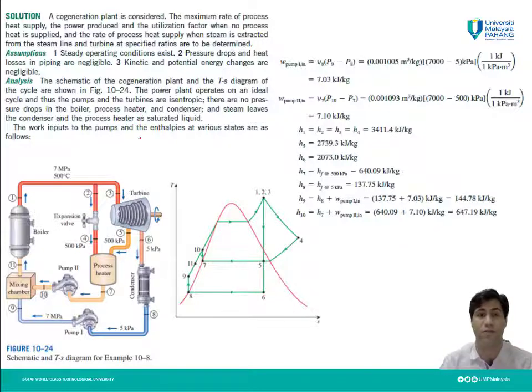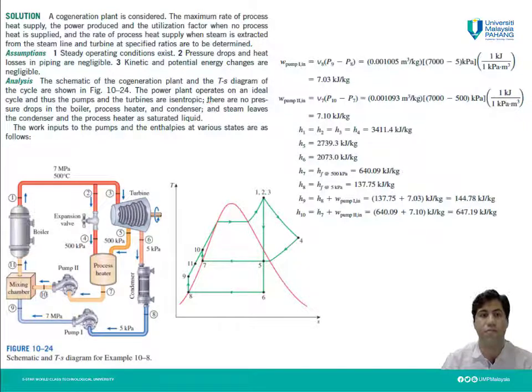This is what we are going to actually do. We should find the properties for different states, like what we had in the previous example. Then by finding the properties or enthalpies for the cycle, we can calculate the energy flow in the cycle, and we can finally understand how much the efficiency of the cycle is, and so on, according to the question.